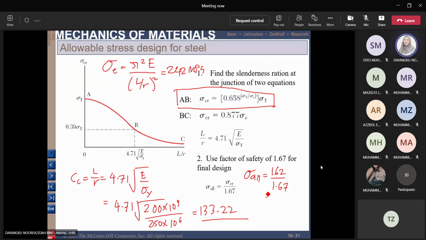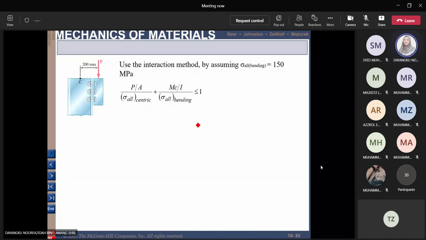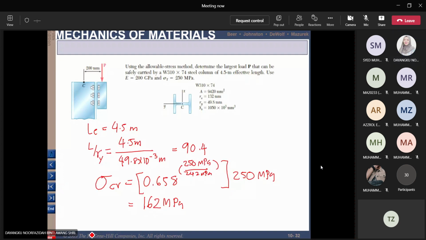You will get 97 MPa as your allowable stress. Now we already got all our parameters, so then we can go to the equation for this part here.